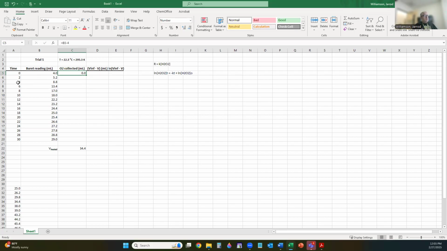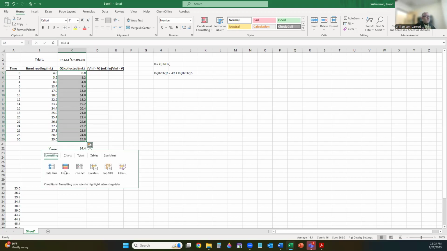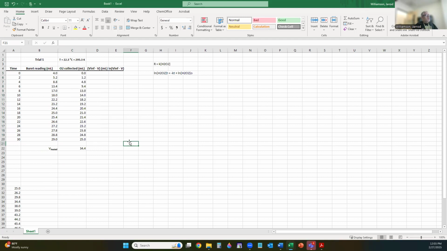And at 4 minutes, the amount of O2 collected will be 8.8 mL minus that 4 mL. So for every one of these, I can do this term minus the constant 4 milliliters, and then I can copy the formula down by hitting Control D, and it copied the formula down.